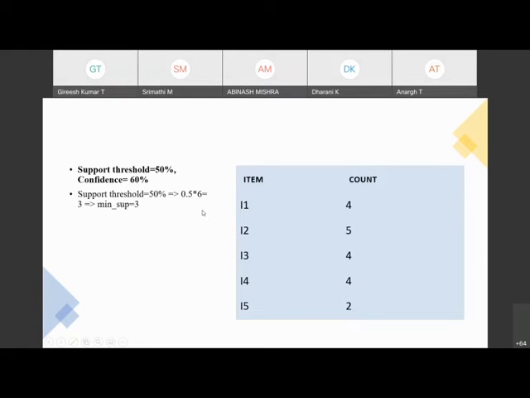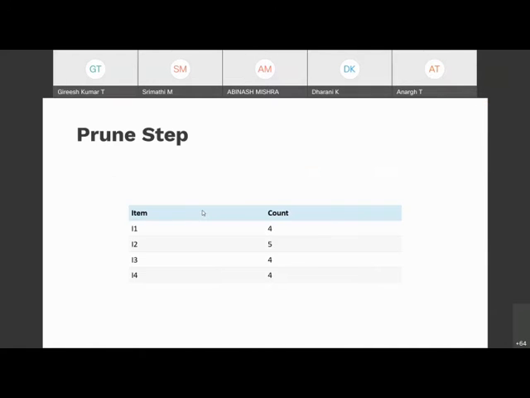This is the pruned set, meaning only items 1, 2, 3, 4 are there, with the corresponding count or frequency. Now you are going to take 2 at a time.